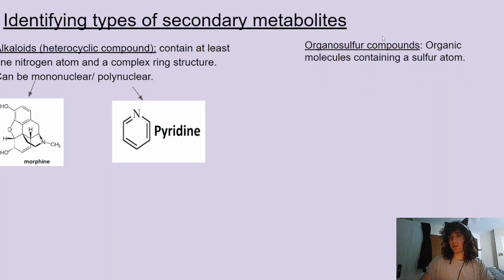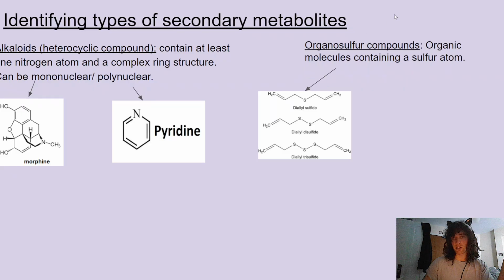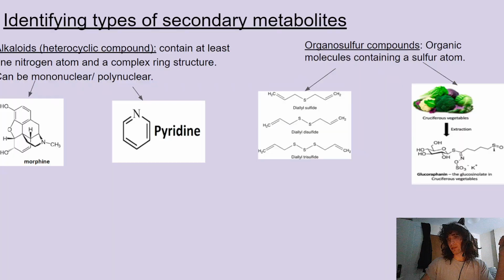You can also have organosulfur compounds, which again are heterocyclic, which just contain a sulfur atom in their structure. And you can have allyl sulfides. These are present in stuff like garlic and onion, and gives it its pungent and antibacterial properties. And you can also have glucosinolates, which are in cruciferous vegetables, which makes them bitter and kind of a deterrent from eating them.